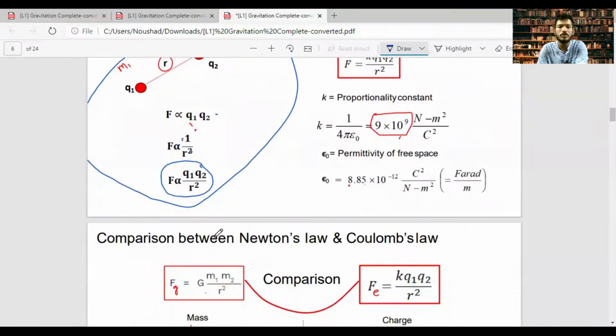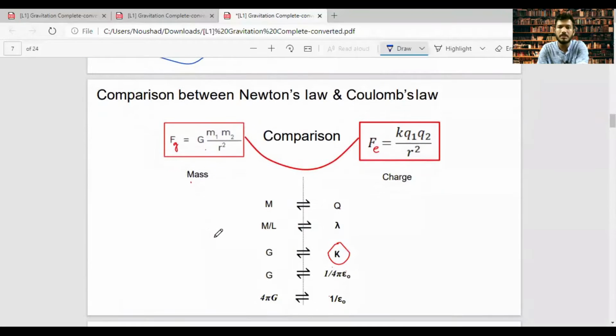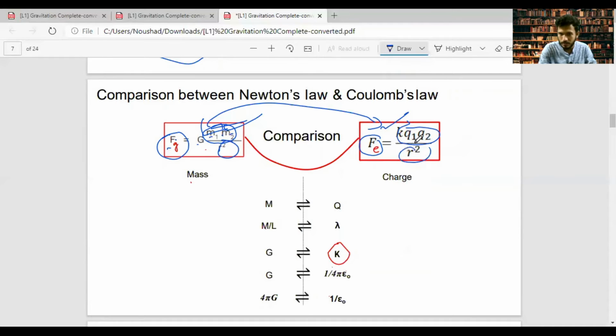In comparison, Newton's law is F proportional to m1 m2 by r square, so F equals G m1 m2 by r square. Coulomb's law is K q1 q2 divided by r square. That is the force of electrostatics, and this is the force of gravitation. Both are comparable: here m1 m2, here q1 q2, and here also r square, here also r square.